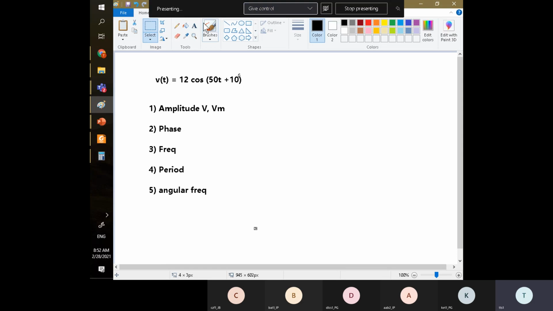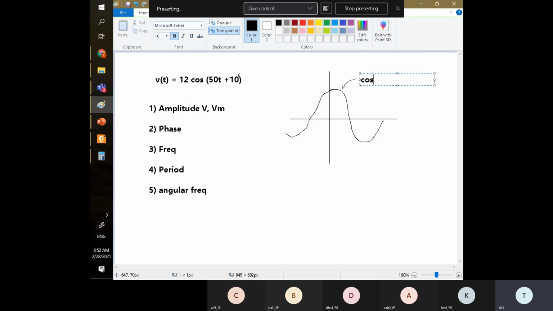Okay, let me show you how this one looks on the graph. So you know the cosine starts from here, right? This cosine starts from here. So this is a cosine.